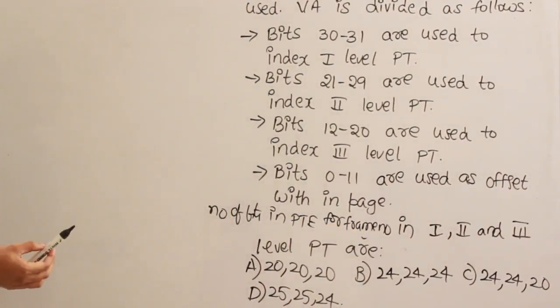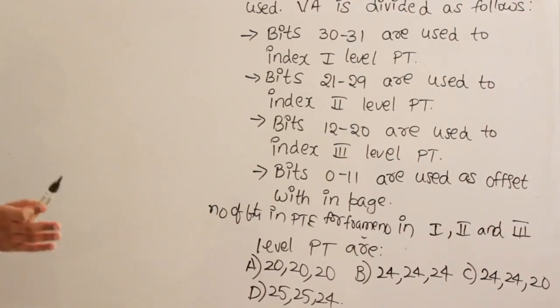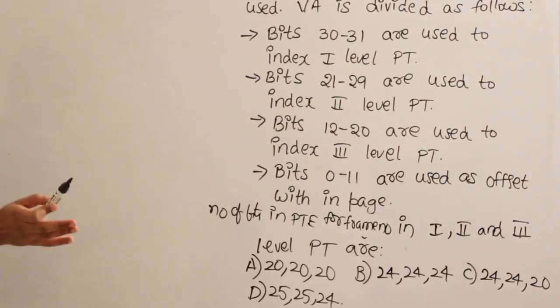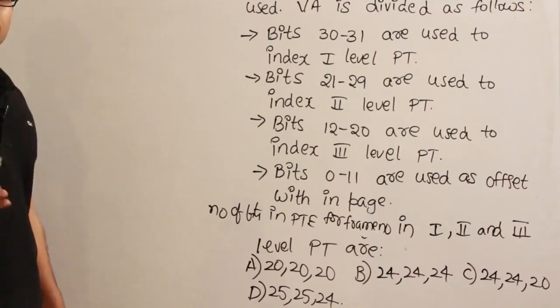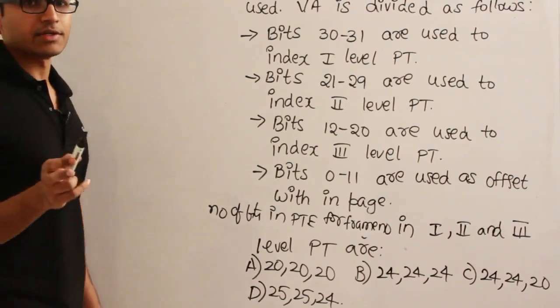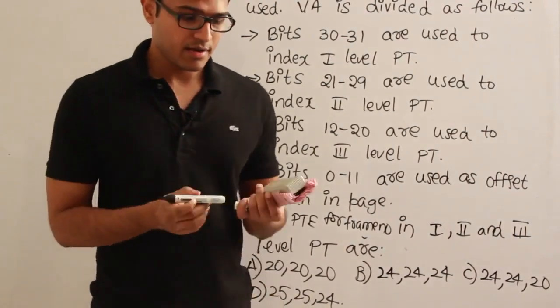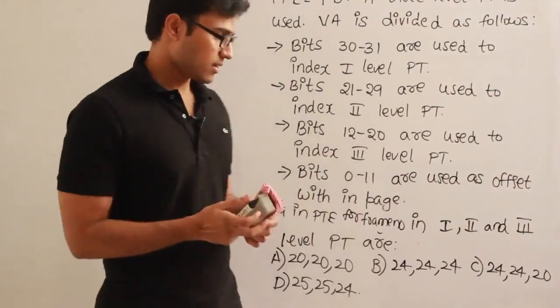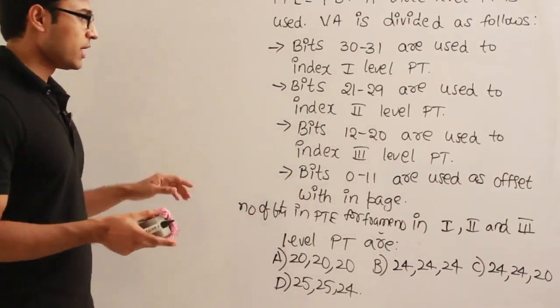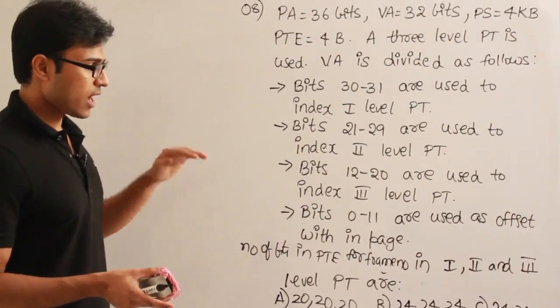So how can we solve it is, see, whatever level it is, whatever the page table is, always the most important thing in the page table entry is the frame number, right? And for all the pages it will be same, right? So first thing is for sure, in all the page tables the answer will be same.